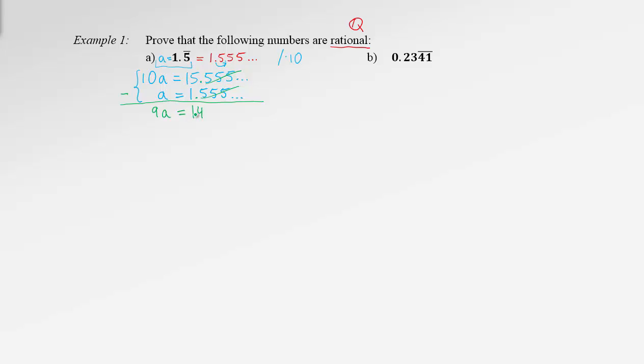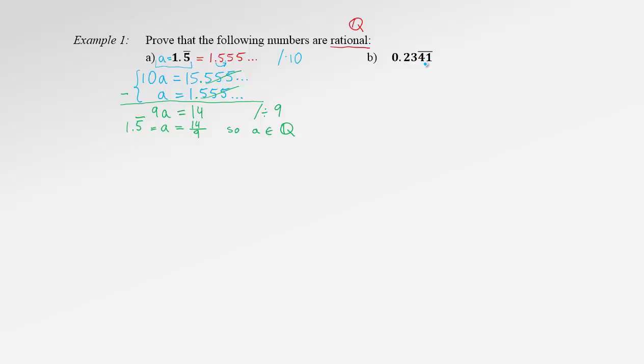We end up with 9a equals 14, which can be solved for a just by dividing by 9. Divide the whole equation by 9. The 9 goes to the denominator, and we see a beautiful fraction, 14 over 9. So yes, a is a rational number because we know how to express it in fraction form. And what's a? Well, a was originally 1.5 repeated. So we just proved that 1.5 repeated is a rational number.